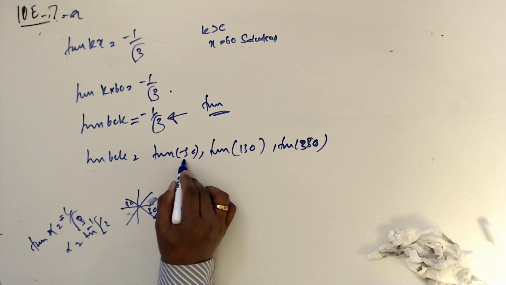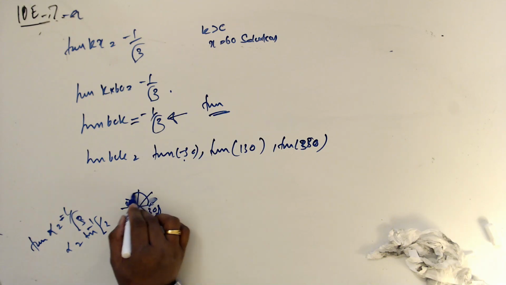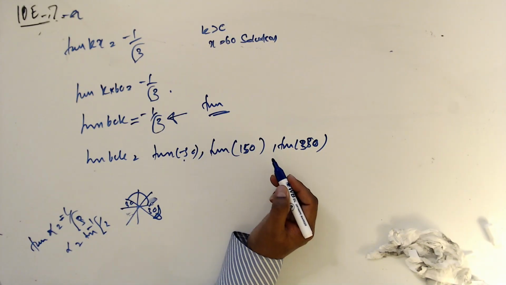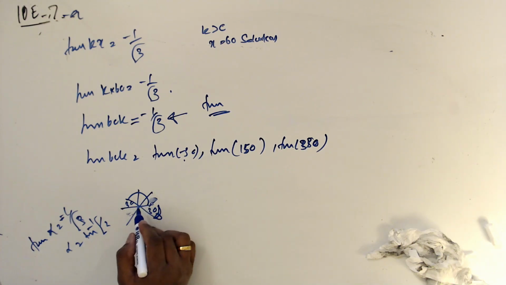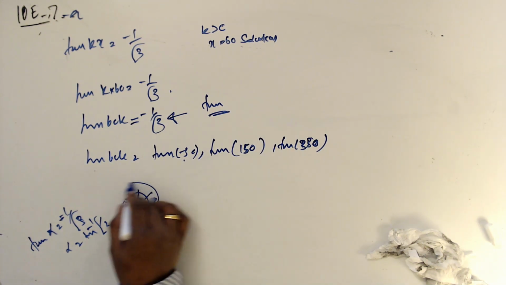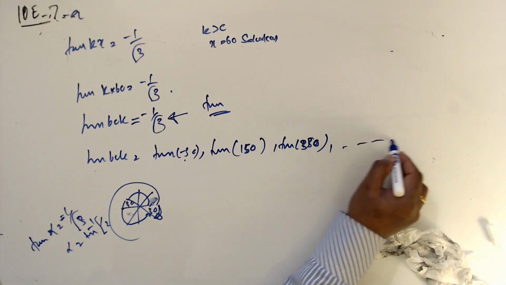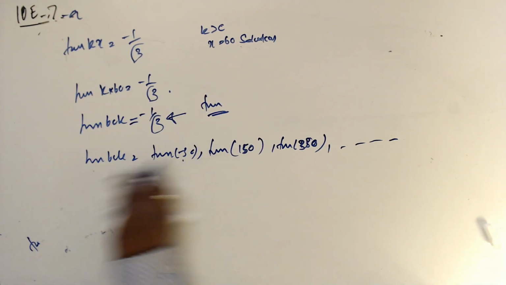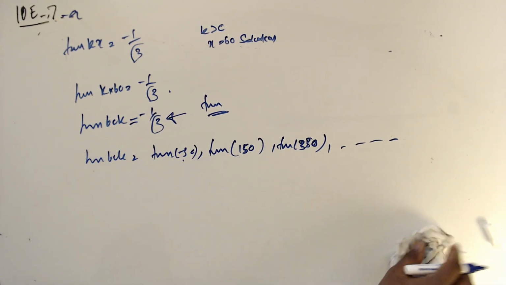If you measure this one, this is 150, and then if I go further, this is 330. Likewise, I can continue. I can get lots of numbers. There is no range given. Now what can you tell?